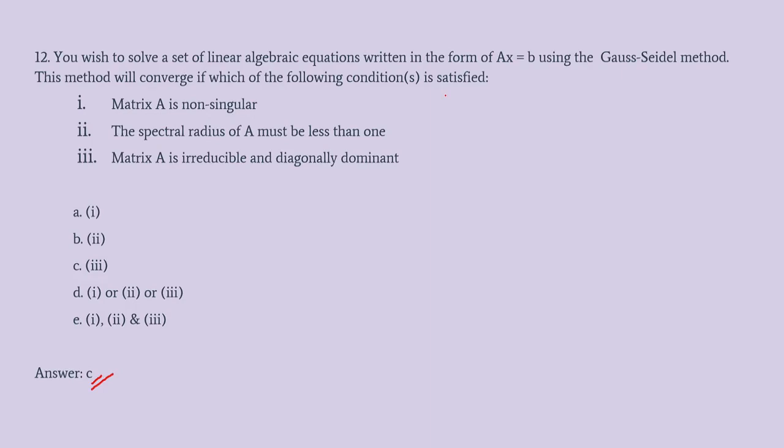This is not a relevant criteria, because spectral radius of A means the largest of the eigenvalues of that given matrix. There is no such criteria that it is less or greater than something. Rather, the diagonal element should be the single largest element in the entire matrix row in order for the Gauss-Seidel method to converge. So that's why option C is the given correct answer.